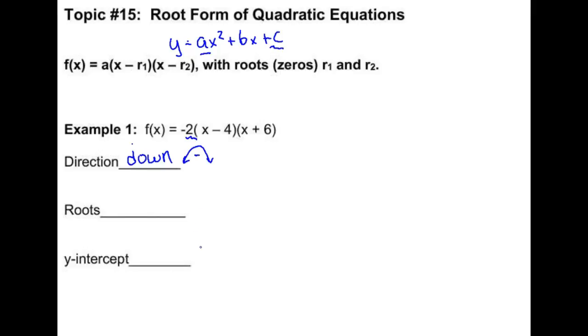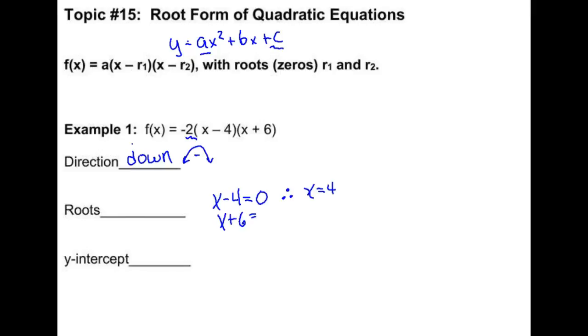All right. Next question is, what are the roots? It's very easy with this equation. We need to solve each term for 0. So in order to do that, we say x minus 4 is equal to 0. Therefore, x equals 4. We do the same thing with the second term.